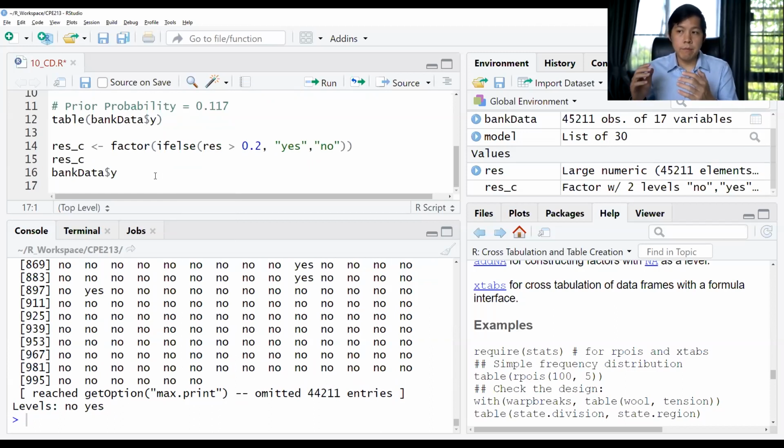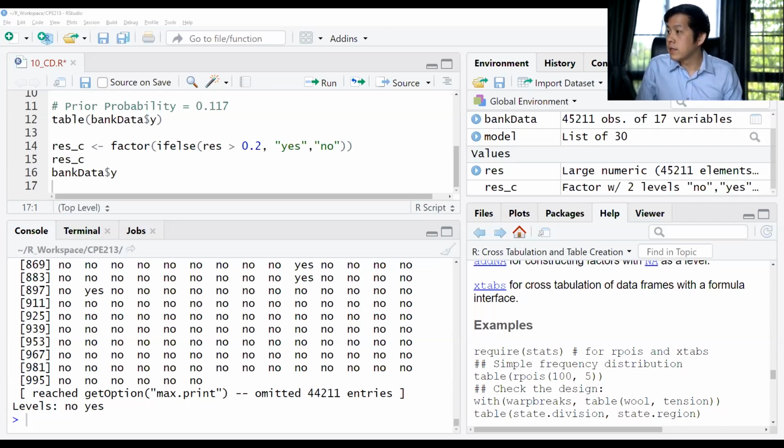So now we are going to compare the results. We haven't separated data into training and test yet. We'll do that later on in a simpler way in the next lecture. Res c and y, and we can evaluate the results by creating this. This is called confusion matrix.